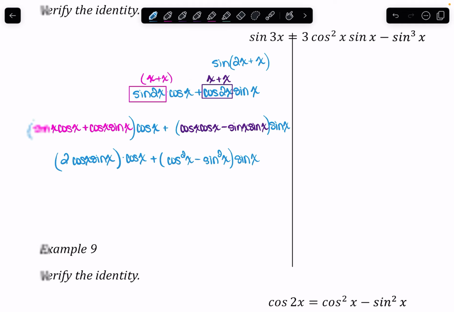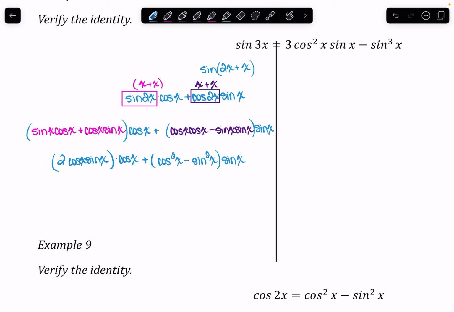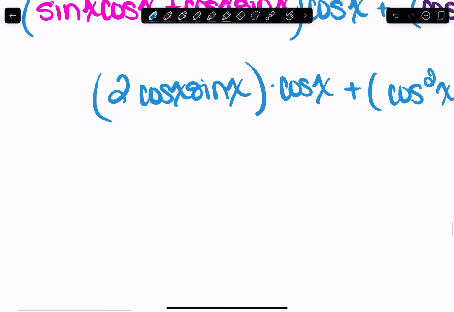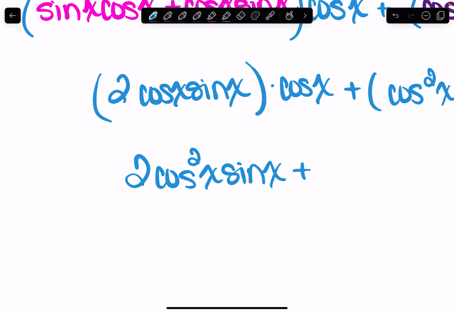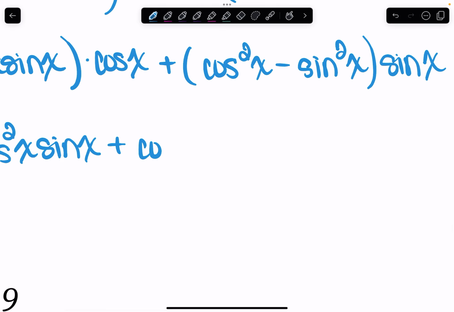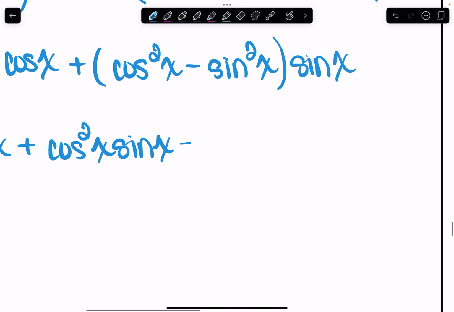So we get here. Next thing I would do, distribute, get our multiplication done. The first one right here is just multiplying. There are no separate terms, so that's going to be 2 cosine squared of x times sine of x, plus this second one we do need to distribute that sine, so it's going to be cosine squared x sine x minus sine squared times sine, which is going to be sine cubed.